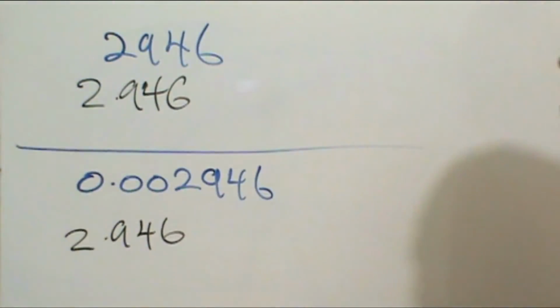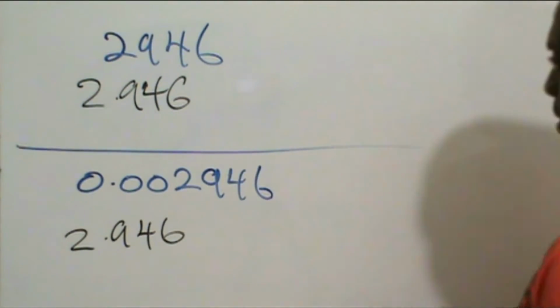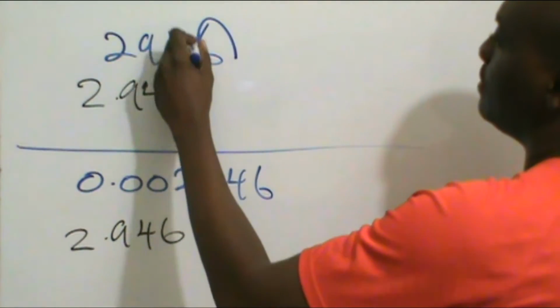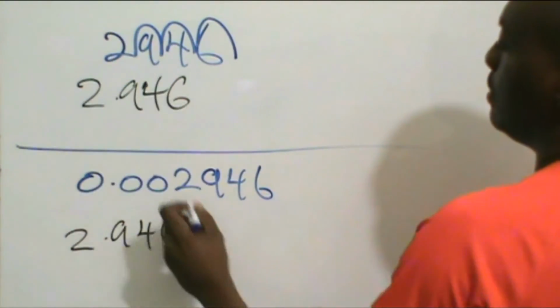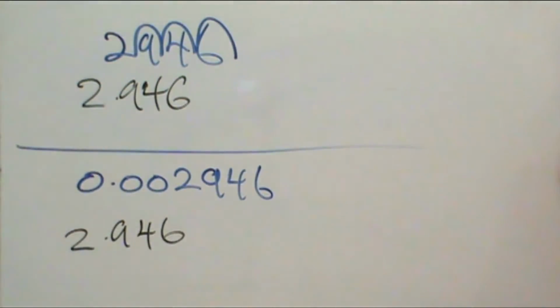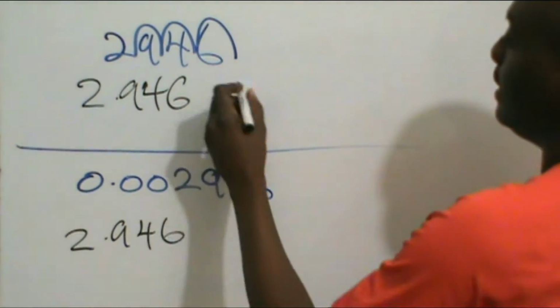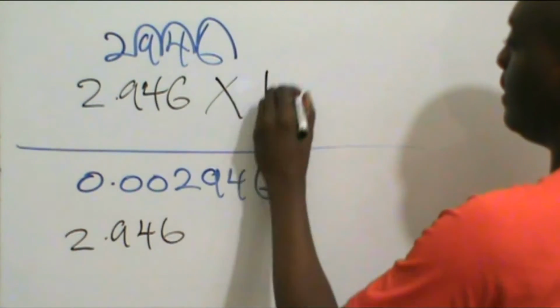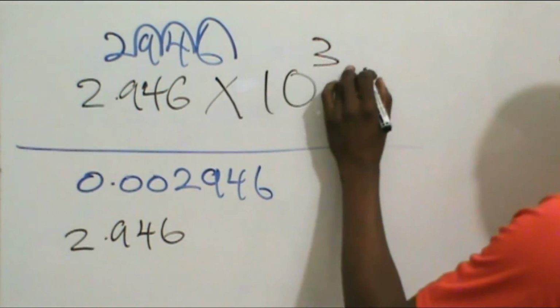So, in both cases now, we had to move 1 place, 2 places, 3 places, right? So we could say immediately that this is 2.946 by 10, and we could put a 3 here.